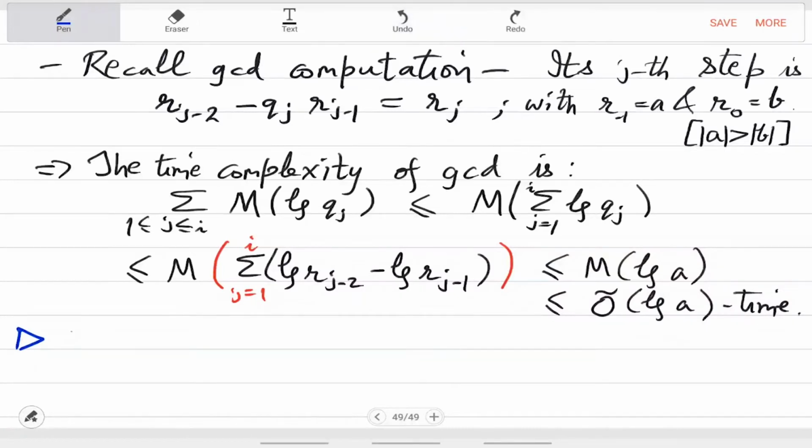So GCD of A and B, or A inverse mod B. And once you can compute inverses, you can also compute Chinese remaindering. The constructive version of CRT takes the same time.